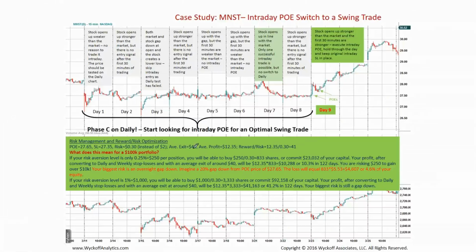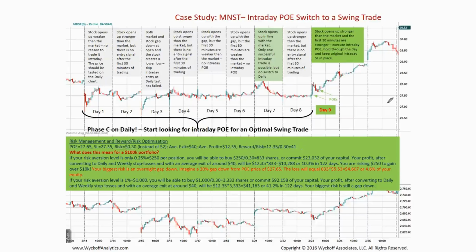So if our exit is at the same average in $40, our profit here is going to be $12.35, and our reward to risk is going to be $12.35 divided by 30 cents of risk that we've identified here, 41 units of profit on 1 unit of risk. So that's a very, very considerable number.